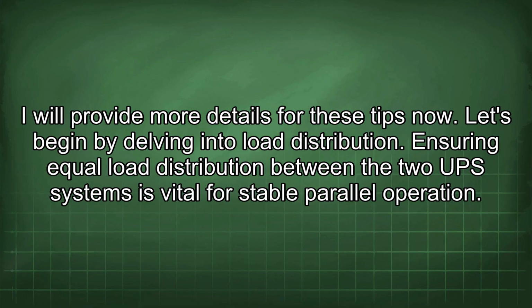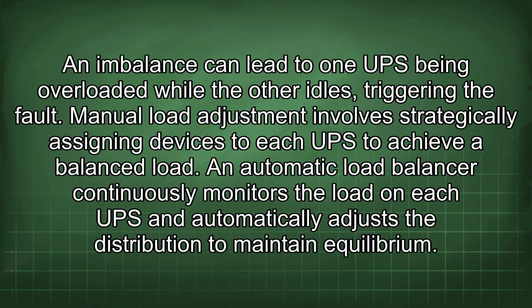Ensuring equal load distribution between the two UPS systems is vital for stable parallel operation. An imbalance can lead to one UPS being overloaded while the other idles, triggering the fault. Manual load adjustment involves strategically assigning devices to each UPS to achieve a balanced load. An automatic load balancer continuously monitors the load on each UPS and automatically adjusts the distribution to maintain equilibrium.